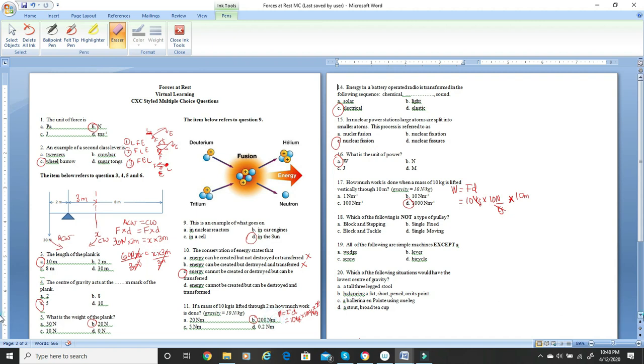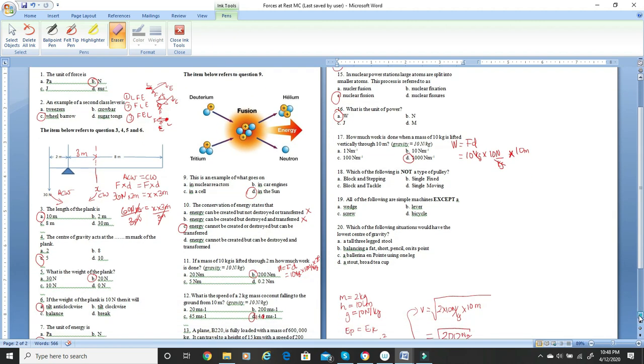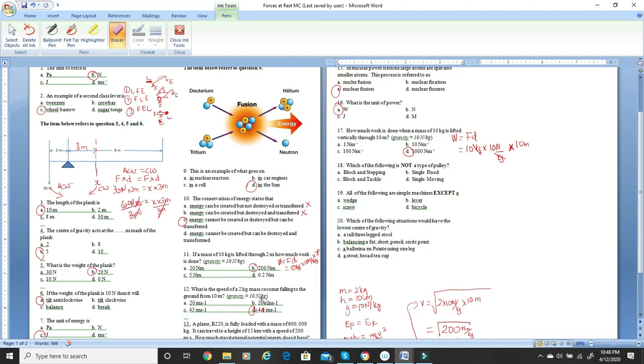Did I have anything else here? Speed, that was fine. Just didn't do the upper. And then I could fix them right after, so that you would be fine. With this one, I would have had to remove these because the answer is actually 1,000 Newton meters. Sometimes you make these silly mistakes. It's okay. So that would be 1,000.